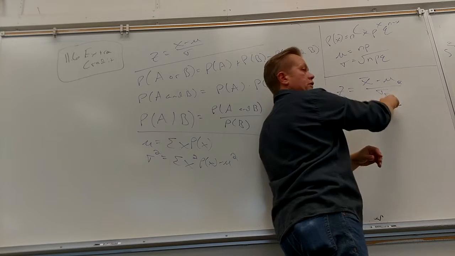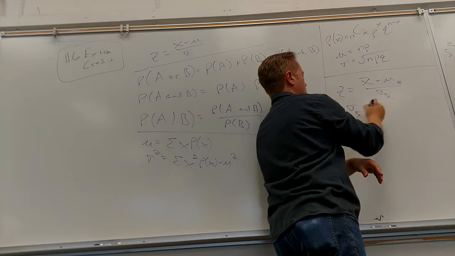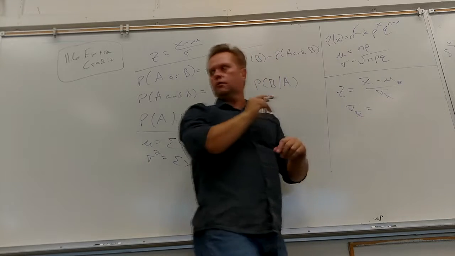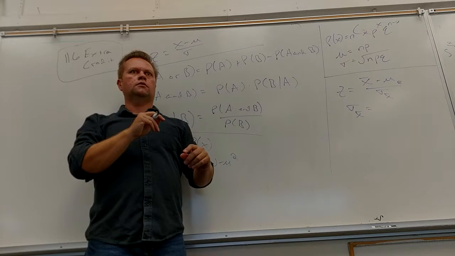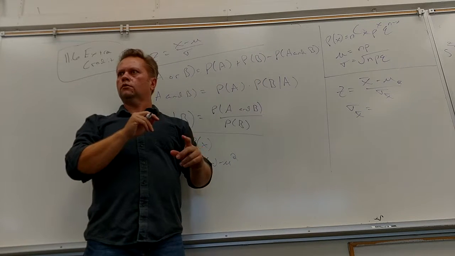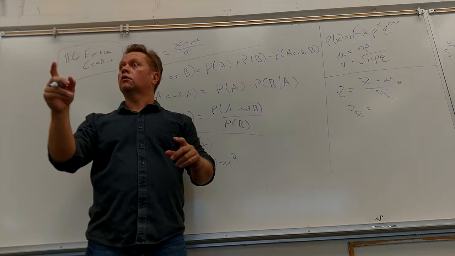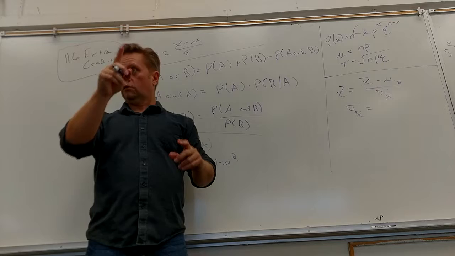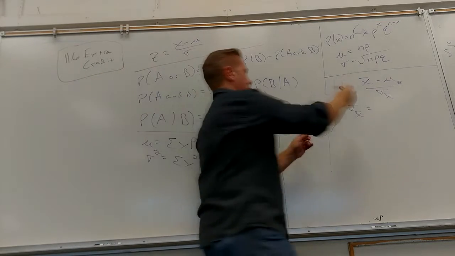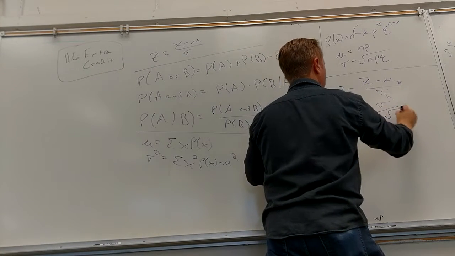What's the formula for sigma x bar? It's the old standard deviation divided by the square root of n.